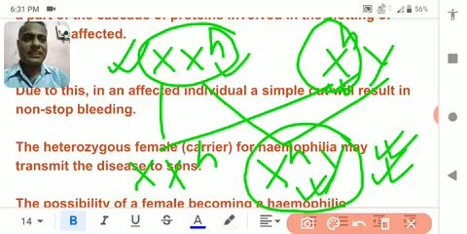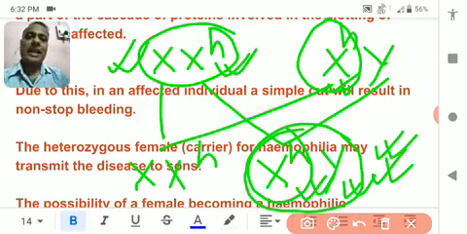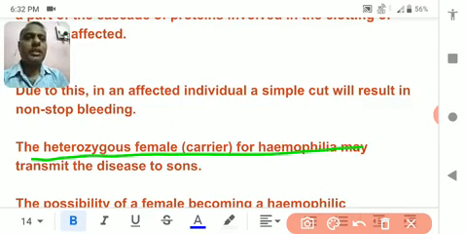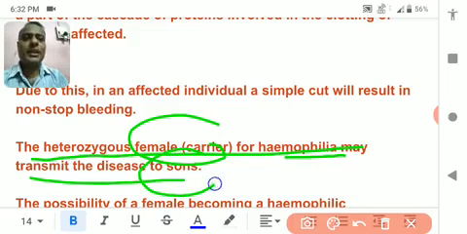As you have seen in this case, the mother gave birth to the hemophilic son because she shared one hemophilic X trait. I think you understood. So the heterozygous female who is a carrier for hemophilia may transmit the disease to her son.